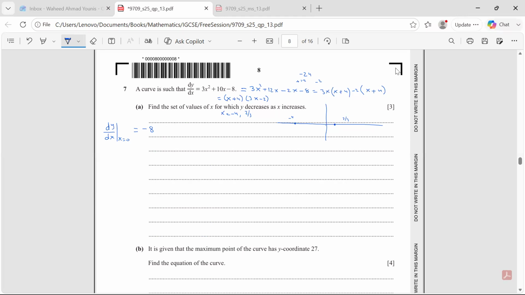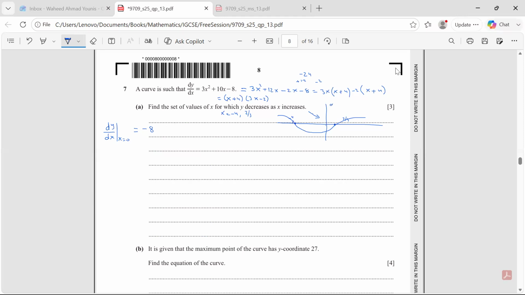So this derivative function is something like this. It is negative here and positive here. In this region from minus 4 to 2 by 3, the slope is negative, so the function is coming down. The question is to find the set of values of x for which y decreases as x increases.